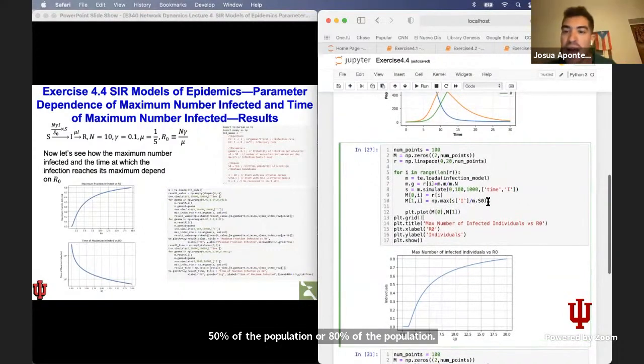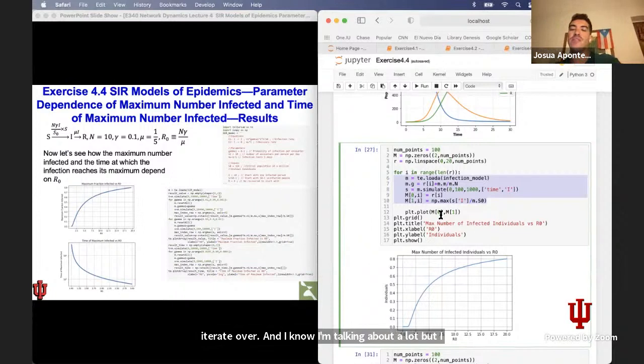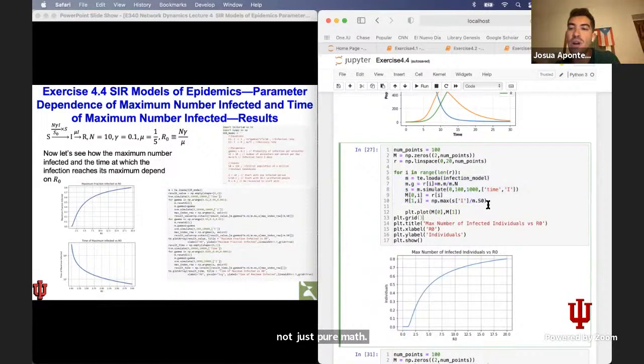So again, coming back to this idea, I know I'm talking a lot, but I just want to put this into context to show that this is not just pure mathematics, that it also has important implications for what public policy should be taken, and how that kind of information can be used for decision making.